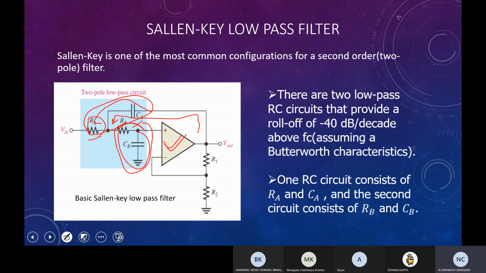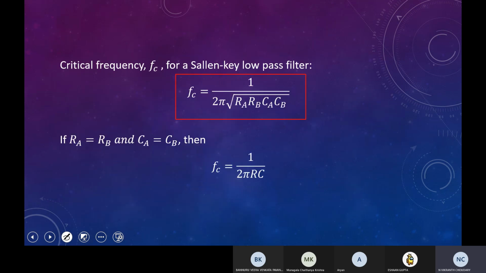The formula for the cutoff frequency is 1 by 2 pi root over RA RB CA CB. This is exactly the same formula as in cascading, so nothing changes here. If you take all R equal and all C equal, you get fc equal to 1 by 2 pi RC.